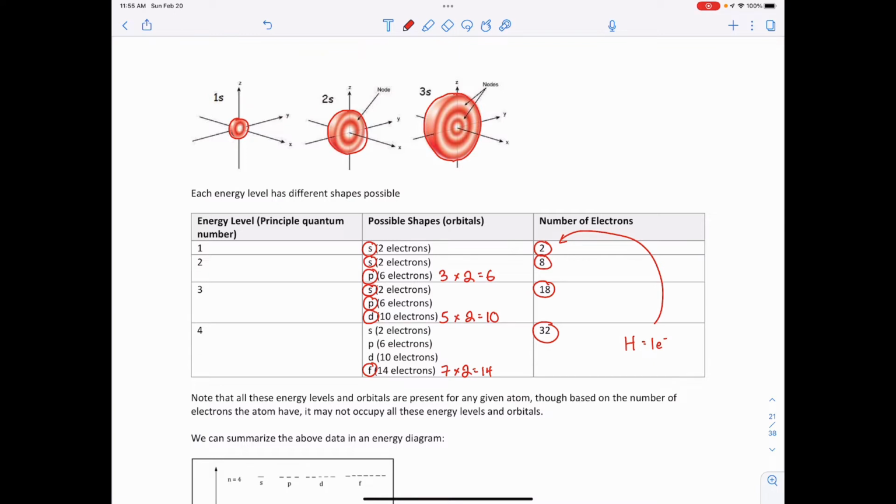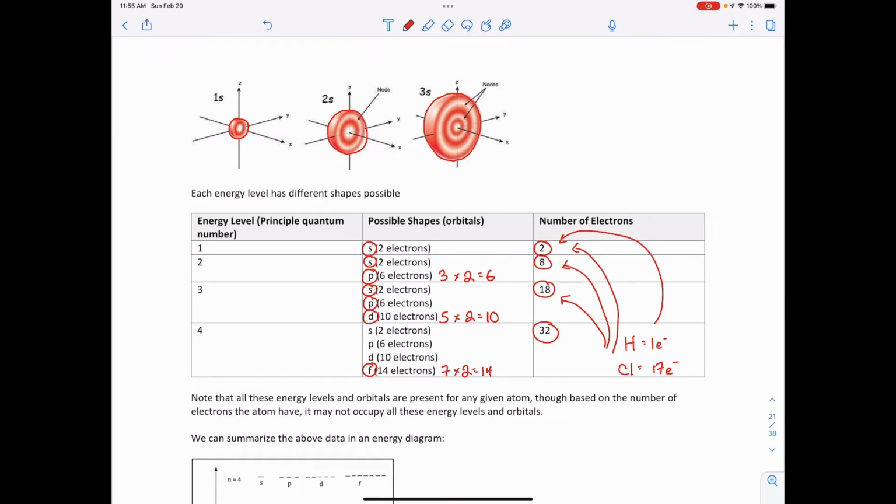If I have, let's say, a chlorine atom, assuming it's neutral, there are 17 electrons, which means that there's going to be some electrons in that first energy level, some in the second energy level, and some in the third energy level.